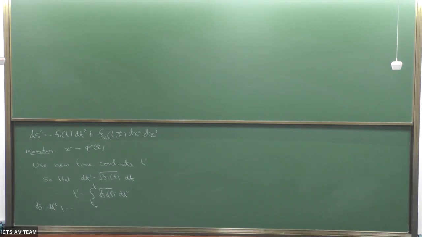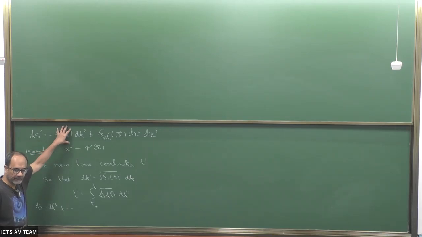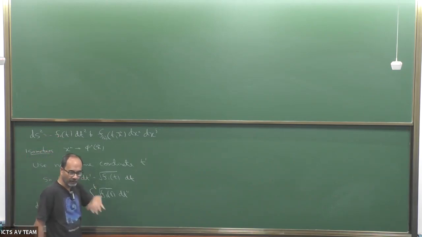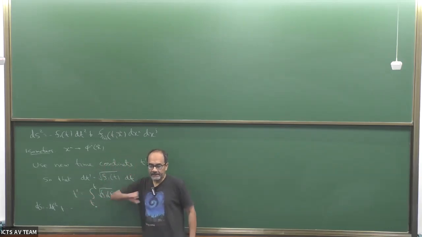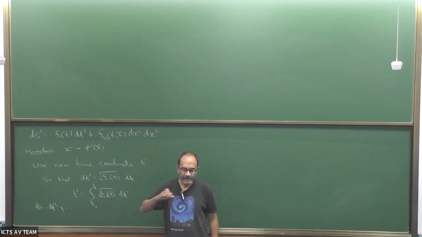Is this clear? So effectively, we can forget about this f1. f1 can be removed by a change of time coordinate. So far, we have not been touching the time coordinate. But you see that this kind of transformation leaves constant t slices unchanged.